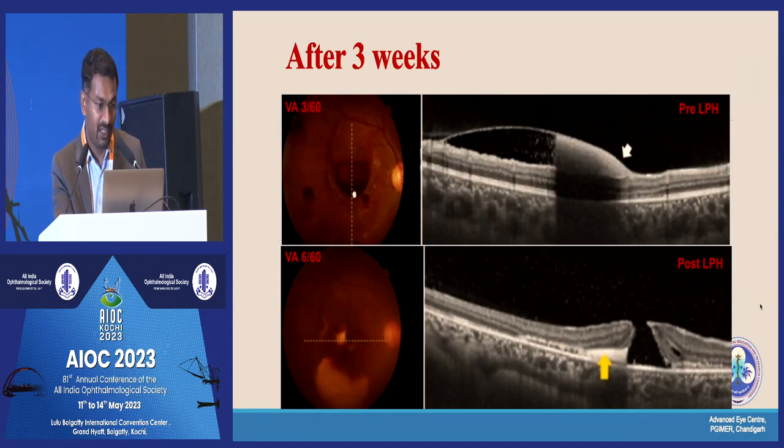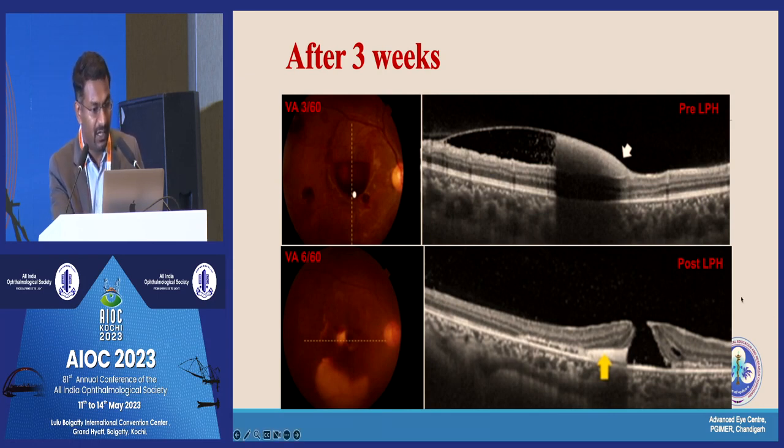This is the picture 3 weeks post-operative. The first one is at the time of presentation, where the visual acuity was 3 by 60. After the procedure, at 3 weeks, the visual acuity improved to 6 by 60, and then we noticed a full thickness macular hole with migration of the blood into the subretinal space.